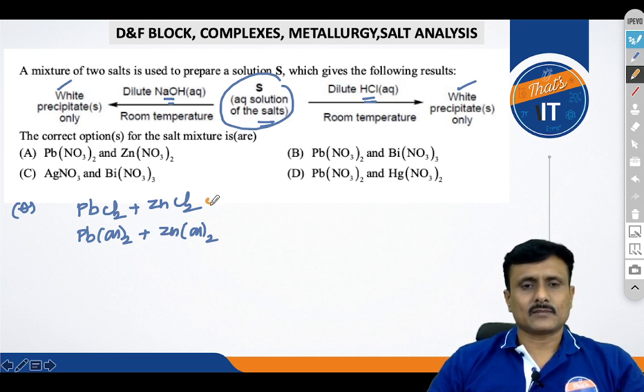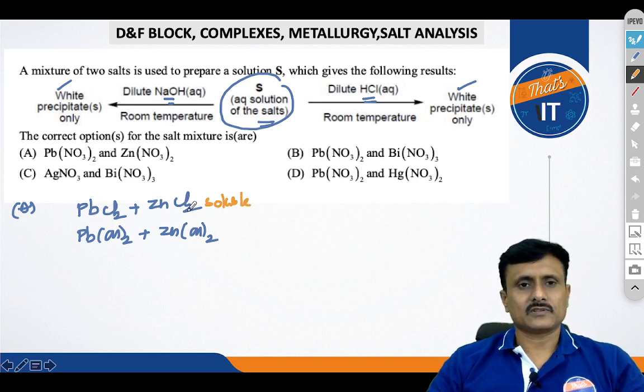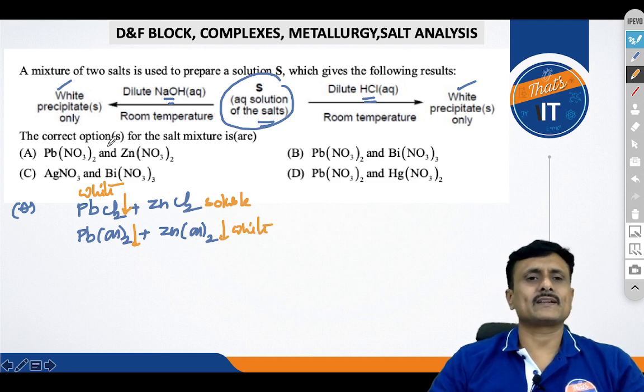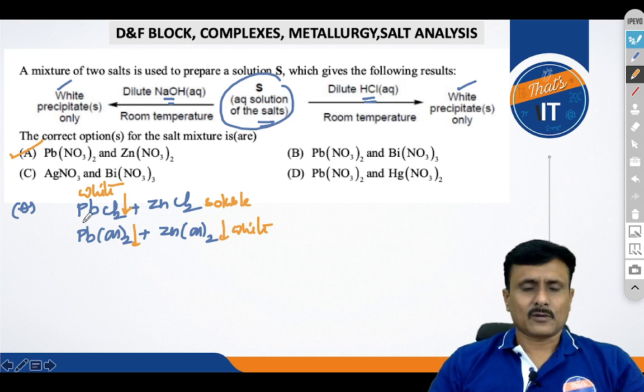Alright, so this is soluble. Alright, so this is white. You know that both the substances are white. So you will be getting white precipitate only. Here predominantly the white precipitate is because of this.